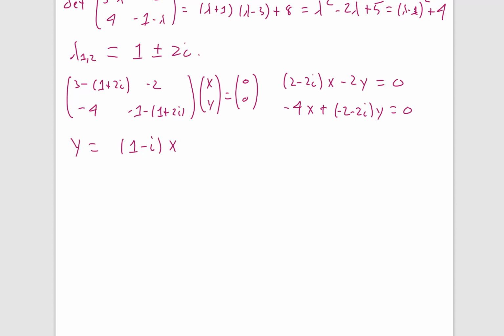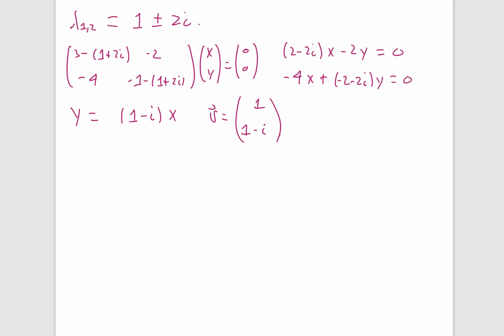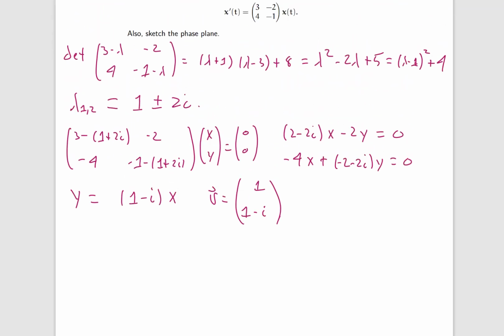Okay, so any vector where the top entry is 1 minus i times the bottom entry, or sorry, any vector where the bottom entry is 1 minus i times the top entry, except for the 0 vector, is going to be an eigenvector. So something like this. Okay, all right, now remember to find the general solution.